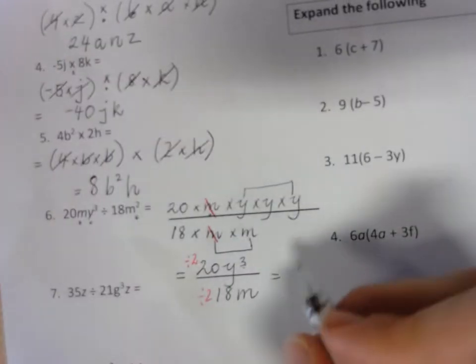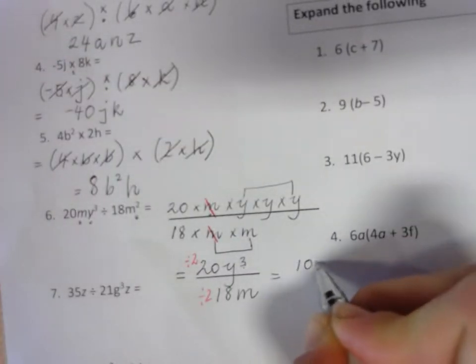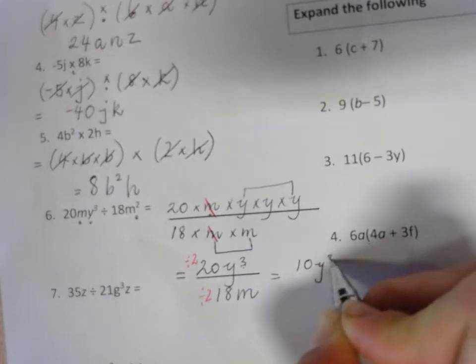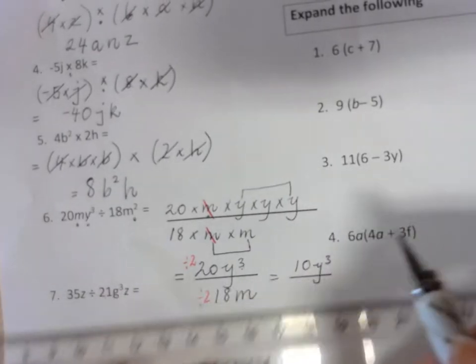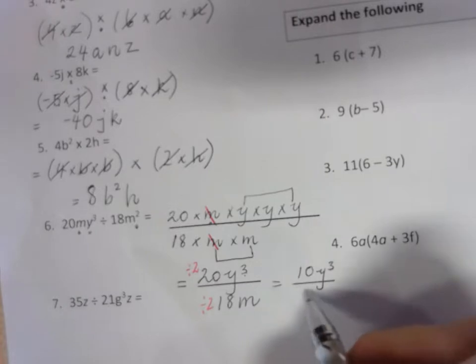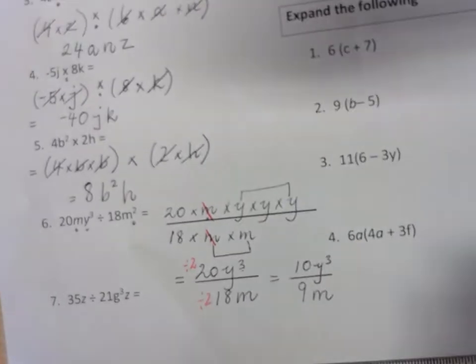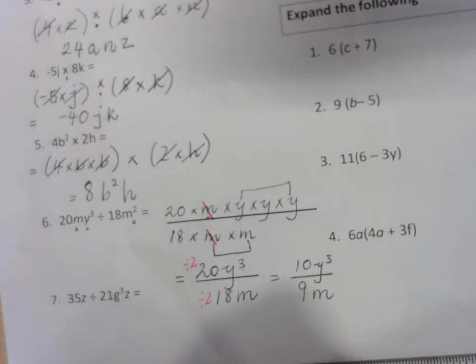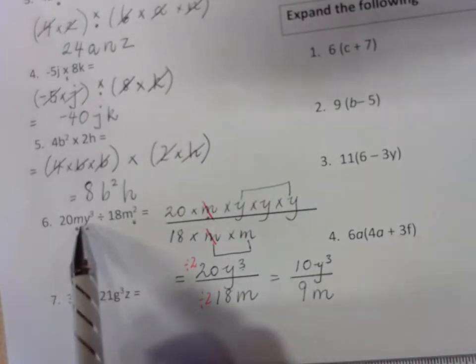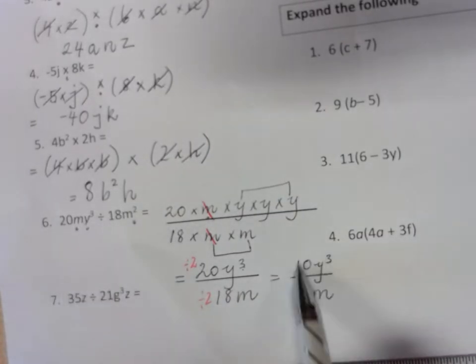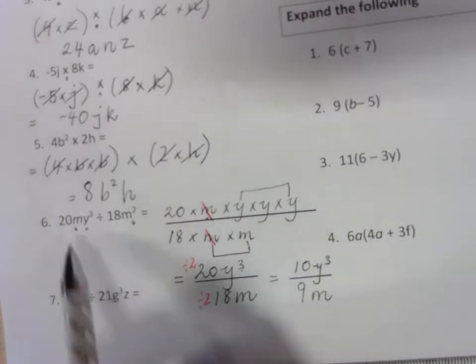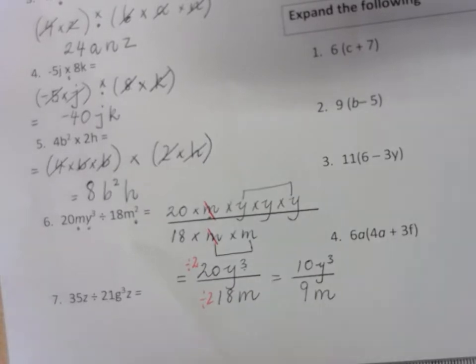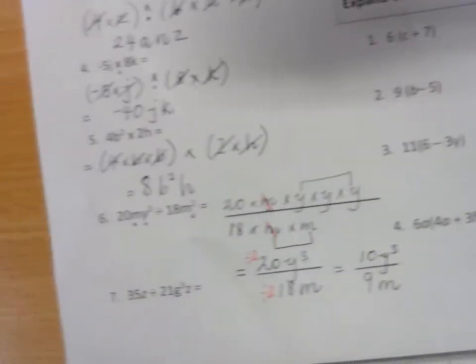So 20 divided by 2 is going to give you 10y cubed on the top, and 18 divided by 2 is going to give you 9 with your m down the bottom. And that's your answer. You've simplified it from this to this. The numbers are smaller, so they're simpler to use, and we've eliminated some of those variables from the original expression.